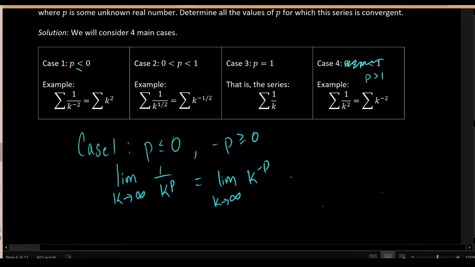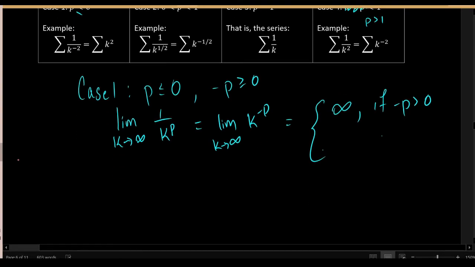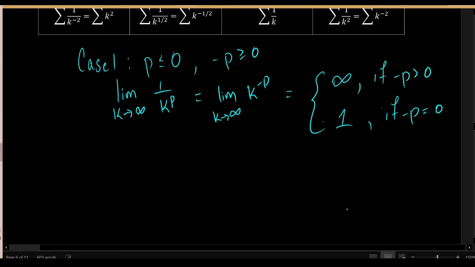Technically, it is either equal to positive infinity if this power is something that is strictly positive, something like p equals 2. If I take k squared and let k go to infinity, the entire quantity k squared will grow to infinity. And if the power happens to be 0 on the nose, so that I have k to the power 0, which is equal to 1, then that limit is going to be stable at 1. Now in either case, the limit is not converging to 0.